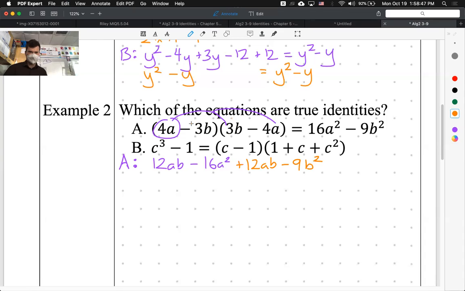B squared, there it is. And I can say we took this term and we multiplied it that direction. Okay, perfect. And I'll go ahead and rewrite the rest of the equation. There's nothing on the left-hand side that I needed to rewrite yet. So I'm just going to recopy equals 16a squared minus 9b squared.